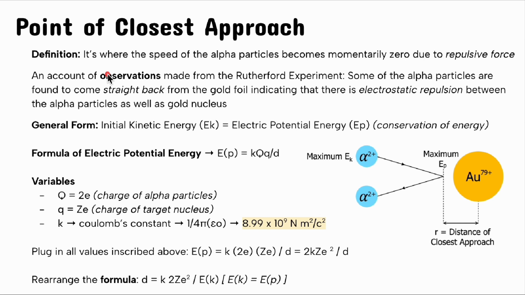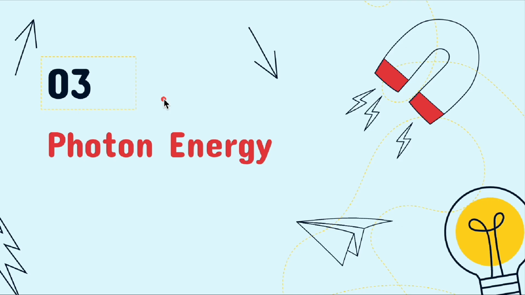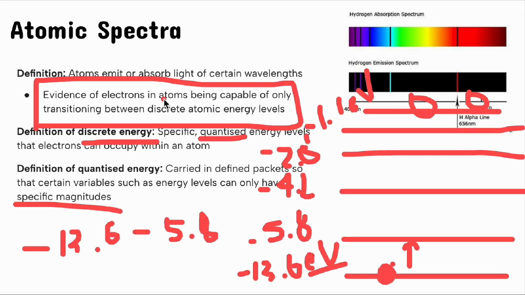Now, the point of closest approach. Well, this is quite a fascinating topic, and it might interest you, or might not, but let's get on with it. Okay, this is a definition. It's where the speed of the alpha particles becomes momentarily zero due to repulsive force. Okay, an account of observations made from the Rutherford experiment. Some of the alpha particles were found to come straight back, as we stated over here.